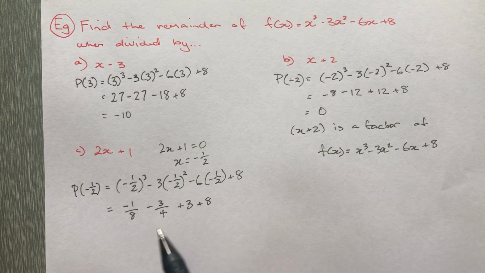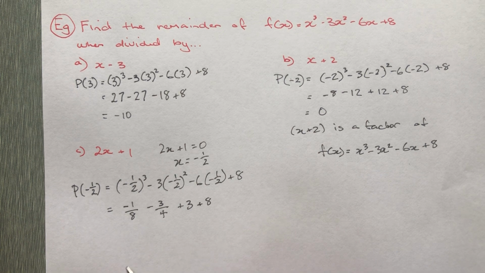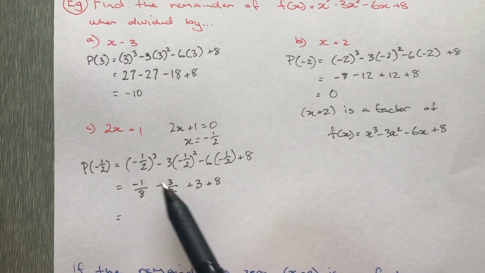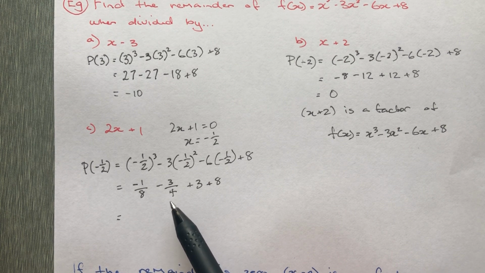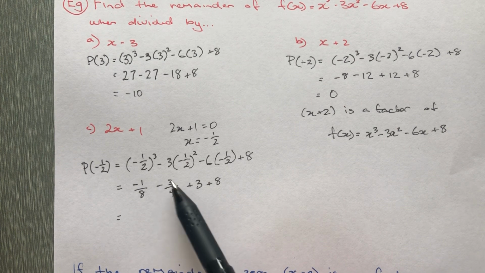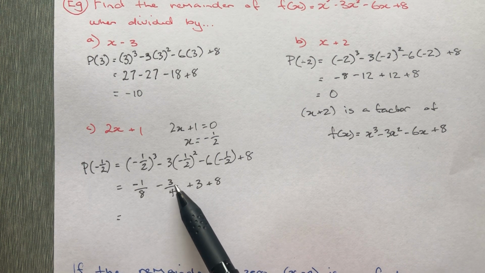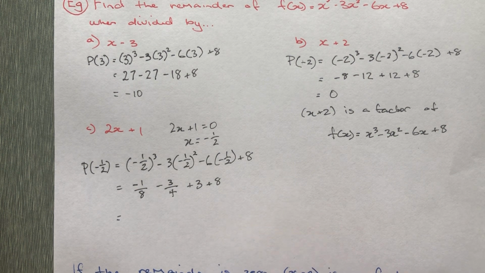Okay, so let's just put these couple of fractions and numbers together. If I'm adding these fractions, I need to make sure the denominators are the same. So I'm going to change this one so it has a denominator of 8. So I'm going to times that 4 by 2, but I also have to times the top by 2 as well. So this is going to become minus 6 on 8.